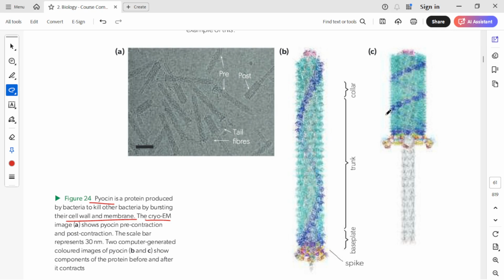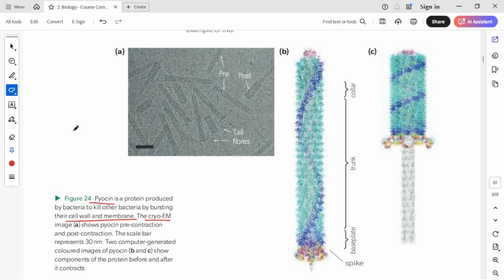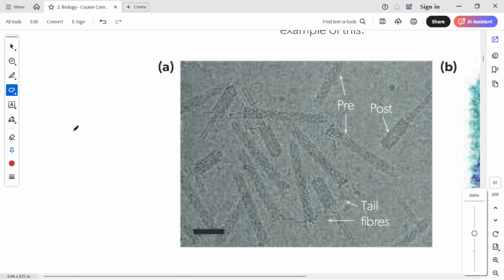So they could all be studied together. Here just see this particular image. Here we can see the pyocin structure: pre-contraction, the relaxed stage, and post-contraction. Here we can see it is contracted, and this is the internal structure of it.